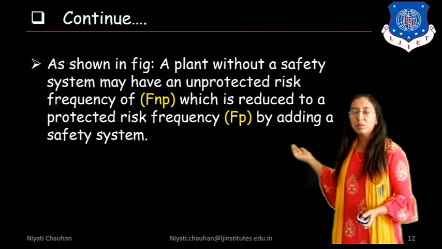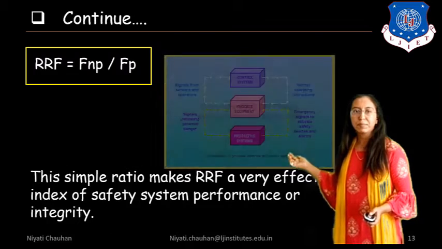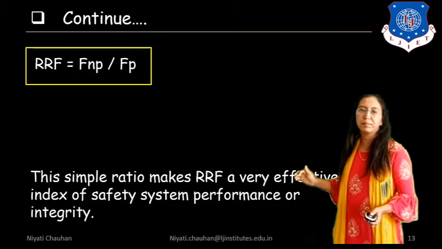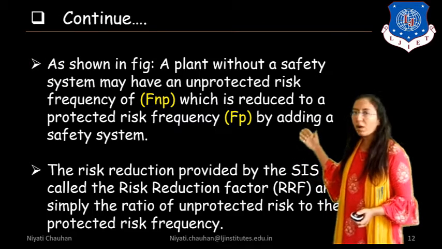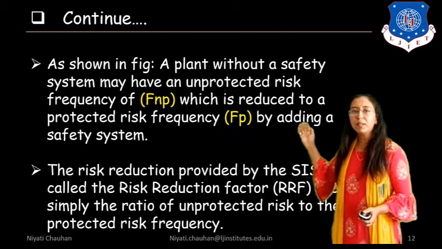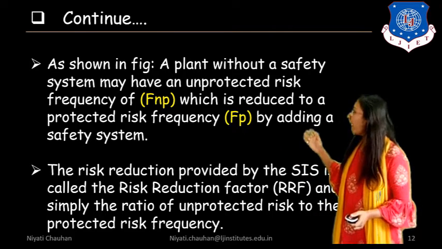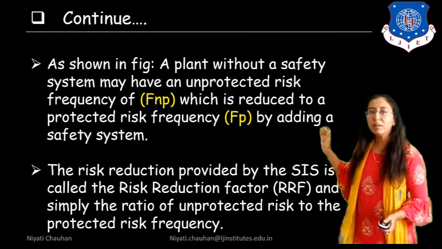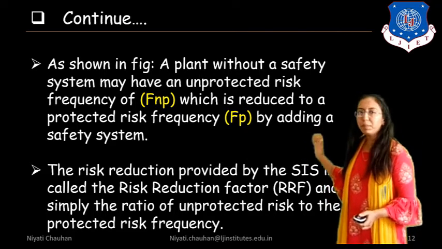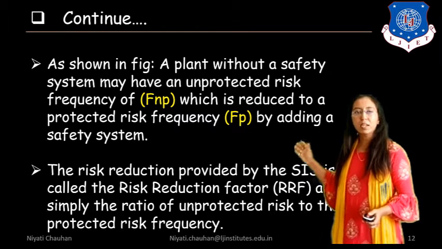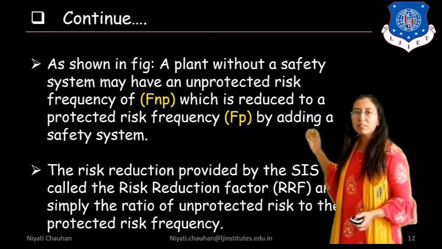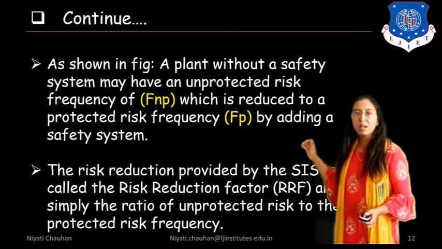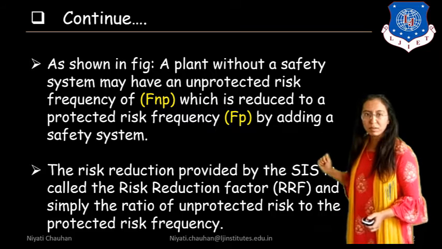On the next slide, you can see a figure. I am discussing this figure. As shown in the figure, a plant without a safety system may have an unprotected risk frequency of F_NP, right? F_NP, that means unprotected risk frequency, which is reduced to a protected risk frequency F_P by adding a safety system.